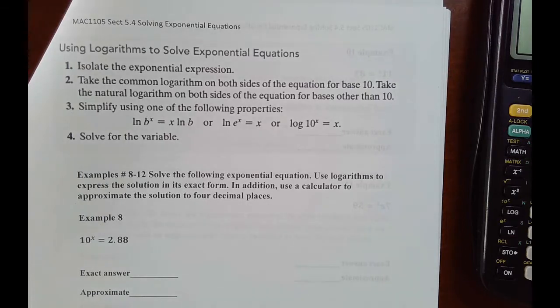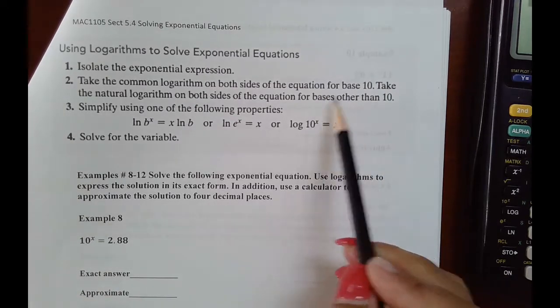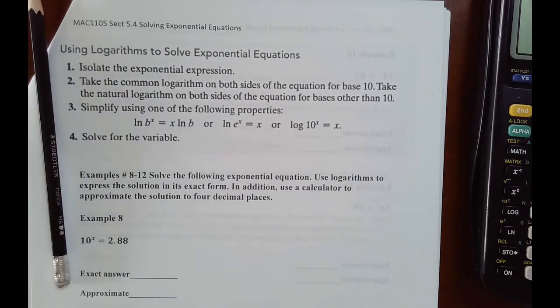So if you're going to try and isolate this exponential expression, this is how you can handle these problems where it is not possible to rewrite the other side using that same base. You're going to take the log, the common log of both sides, if it's a base of 10. And let me highlight that for you.